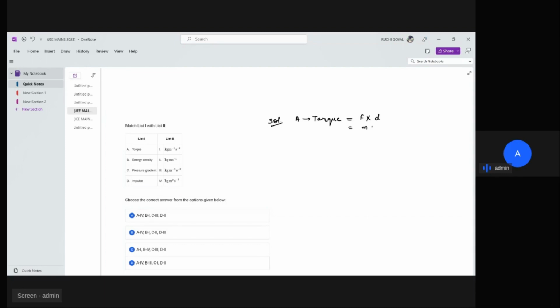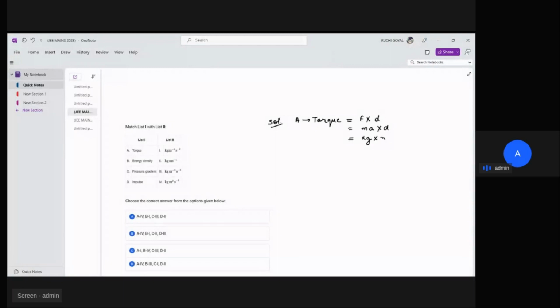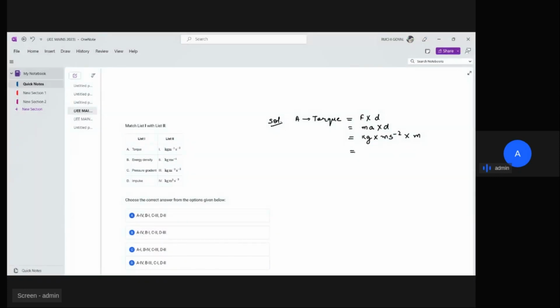Force is mass into acceleration, into displacement, right? Mass is in kg, acceleration is in meter per second square, and displacement is in meters. So what will be the total units of torque? Kg meter square per second square. In which option is it given? Kg meter square per second square is in the fourth option. So A is matching with fourth.